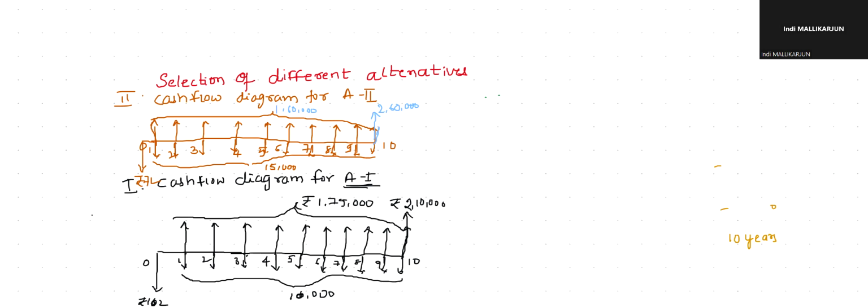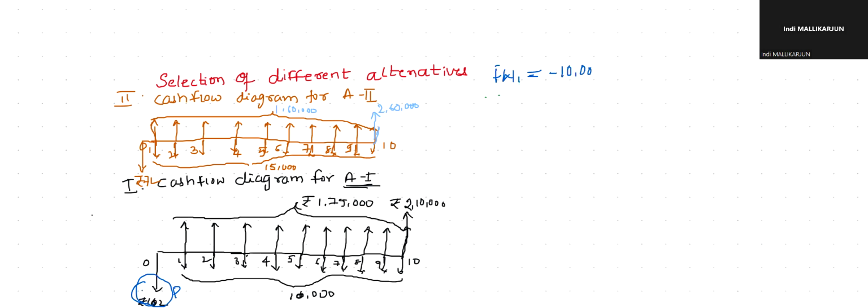So we can start with the future worth method for alternative 1. Future worth for alternative 1. This first one is the present value. The given present value is minus 10 lakh.